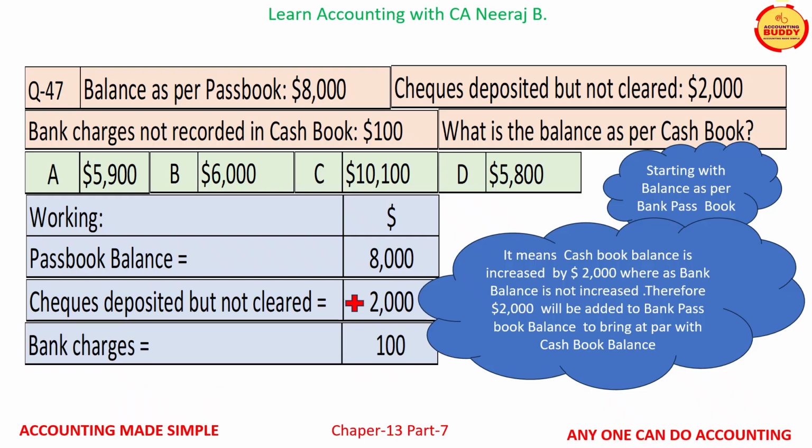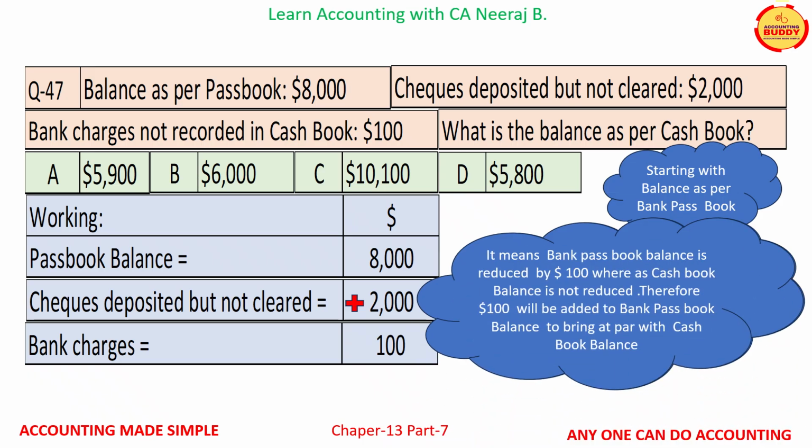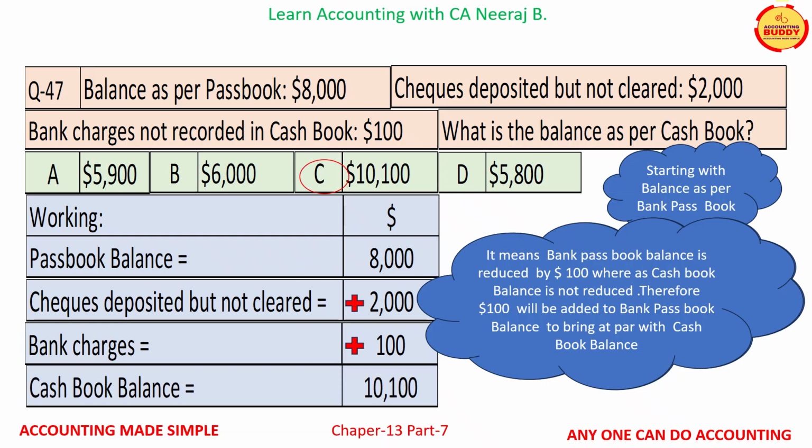Now, if we analyze the second unmatched transaction of $100 bank charges charged by the bank, it means the bank passbook balance is reduced by $100, whereas the cash book balance is not reduced. Therefore, $100 will be added to the bank passbook balance to bring it at par with the cash book balance. Therefore, the correct option is option C, $10,100.